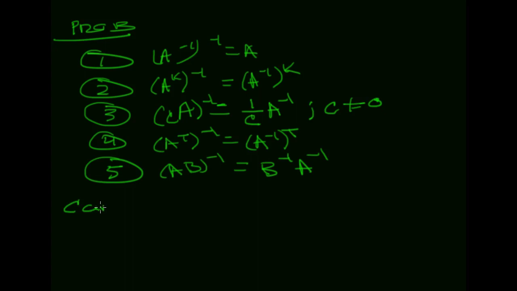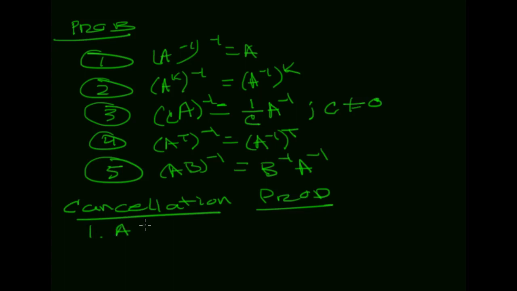We also get some cancellation properties. Okay, so this is where this starts to feel like division. So if A times C is equal to B times C, then this implies that A is equal to B. Why? Because I can multiply both of these on the right by C inverse, which would give me this.